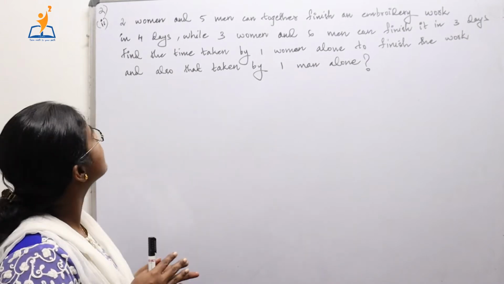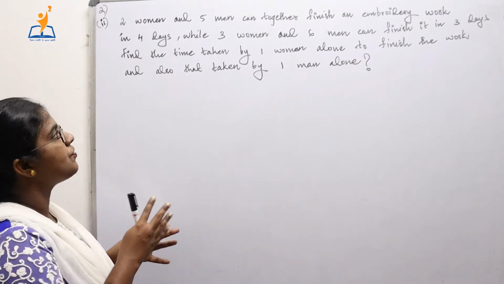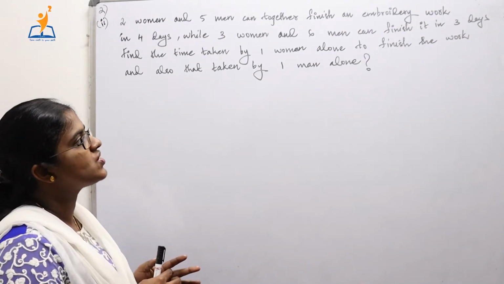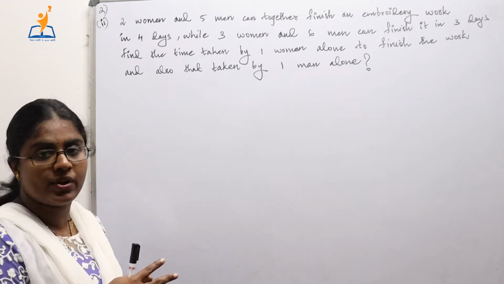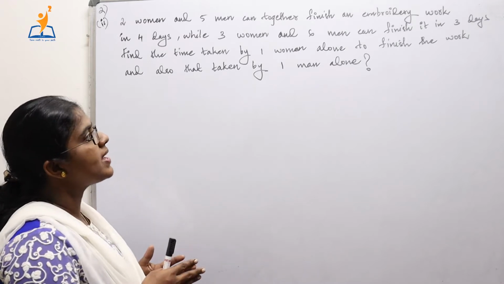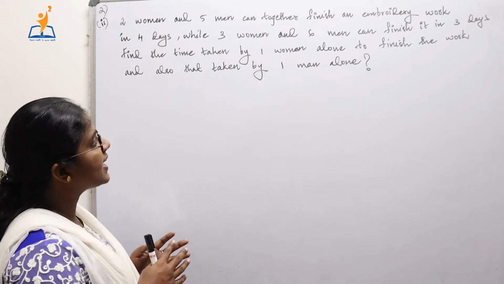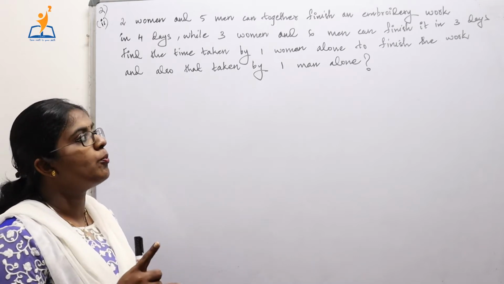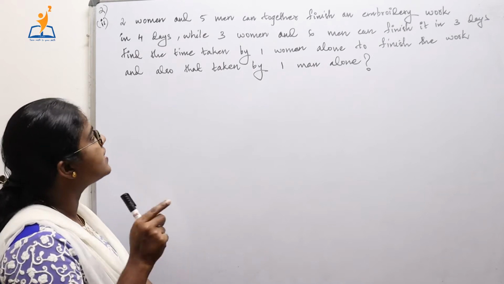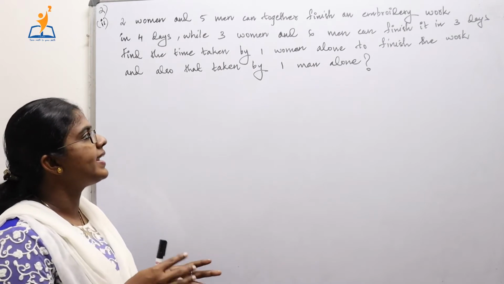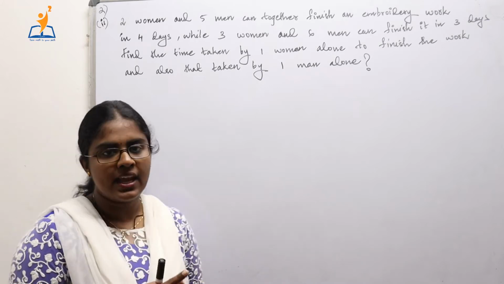Now the next question is: 2 women and 5 men can together finish an embroidery work in 4 days, while 3 women and 6 men can finish it in 3 days. Find the time taken by 1 woman alone to finish the work, and also that taken by 1 man alone.